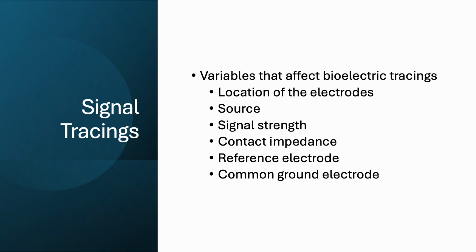EEG sources are not as strong and not as quick, and they can be covered up by the muscle artifact. The location of the reference and common ground electrode also can contribute to the signal. You don't want to have too much or too little distance between the two. Generally, the ground and reference should be approximately 4 to 8 centimeters apart, and I usually put them on the midline.